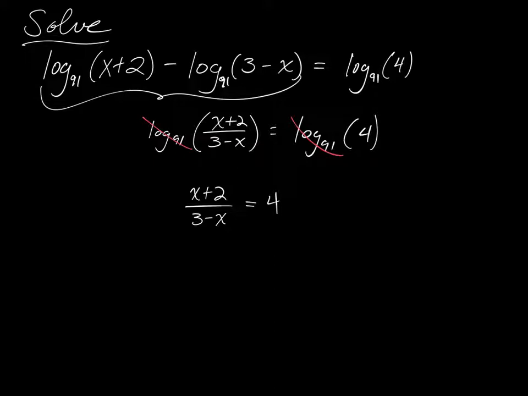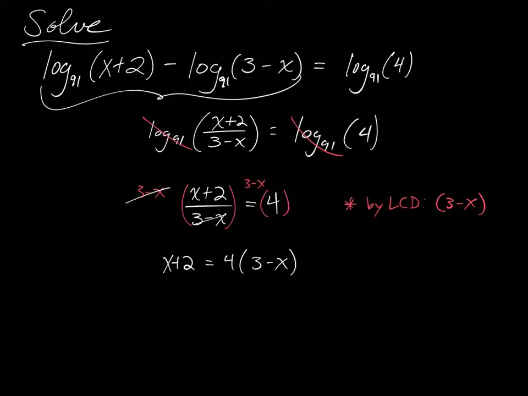Now this equation's a little different. We have a rational equation here, which means I want to multiply by the LCD. In this case, it's just 3 minus x. Multiply the left side by 3 minus x and the right side by 3 minus x. The denominator cancels with the LCD, and then we have 4 times 3 minus x.